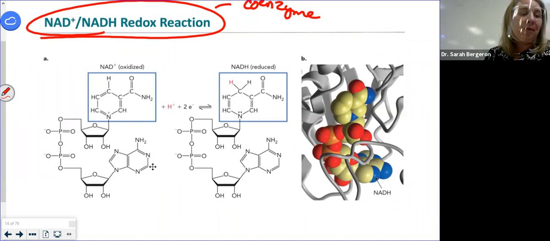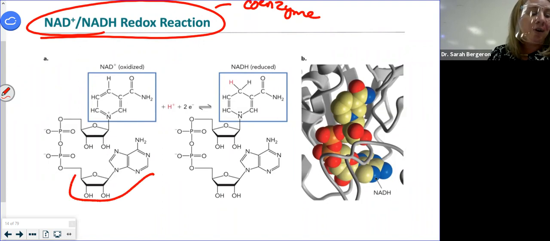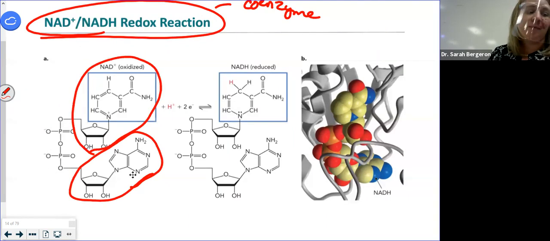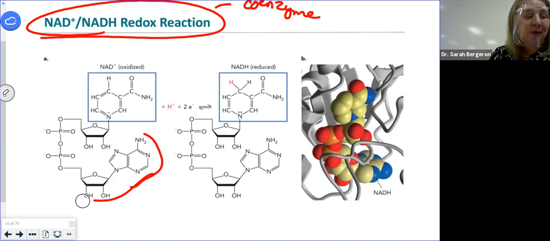So here's our example, right? NAD, nicotinamide adenine dinucleotide means we have two nucleotides. This one is adenine, right? And this one is nicotinamide. And then they're hooked together by phosphate groups, right? But you don't have to be able to draw it. I just want you to know where the name comes from.